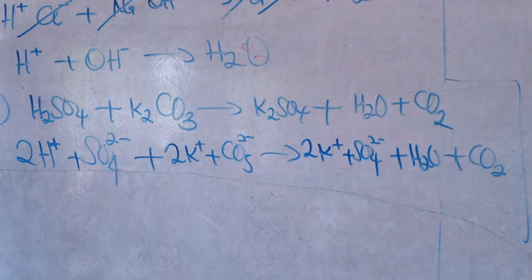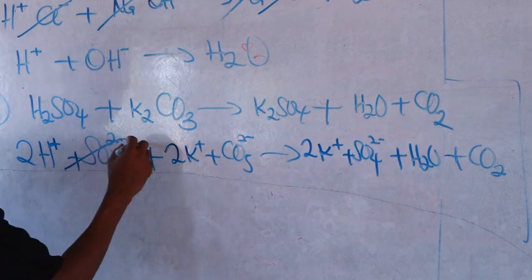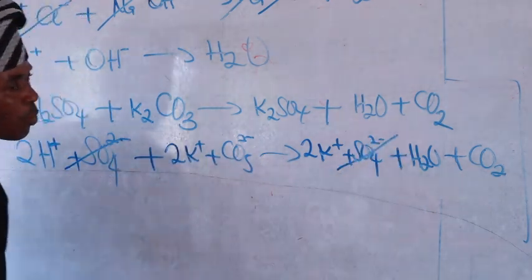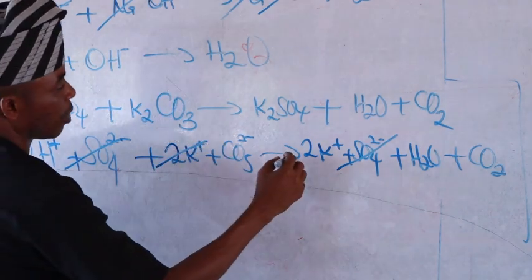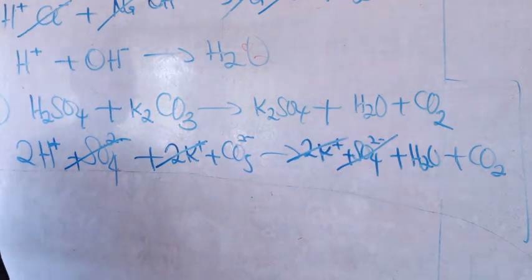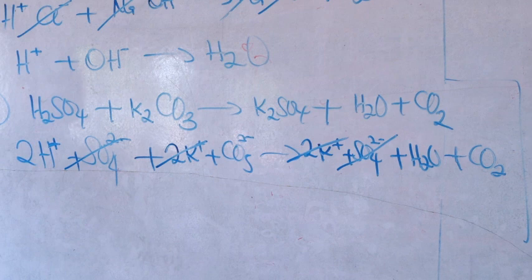So you can see what we are going to have here. Let us cancel out the like ions. SO4 2 minus goes with SO4 2 minus. Potassium ion cancels potassium ion. What remains is what?